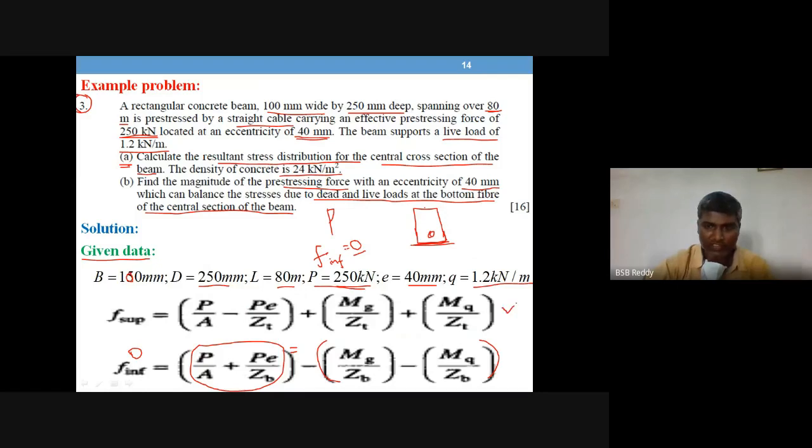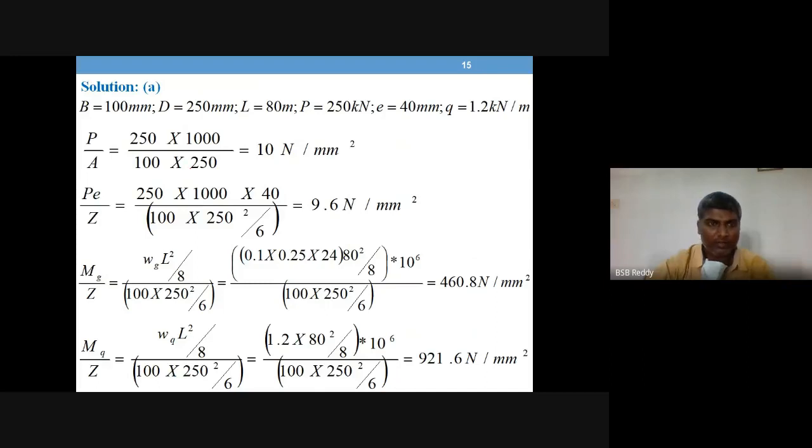We know the expressions, so write those that are to be utilized, stress at top and stress at bottom, and write the given data.